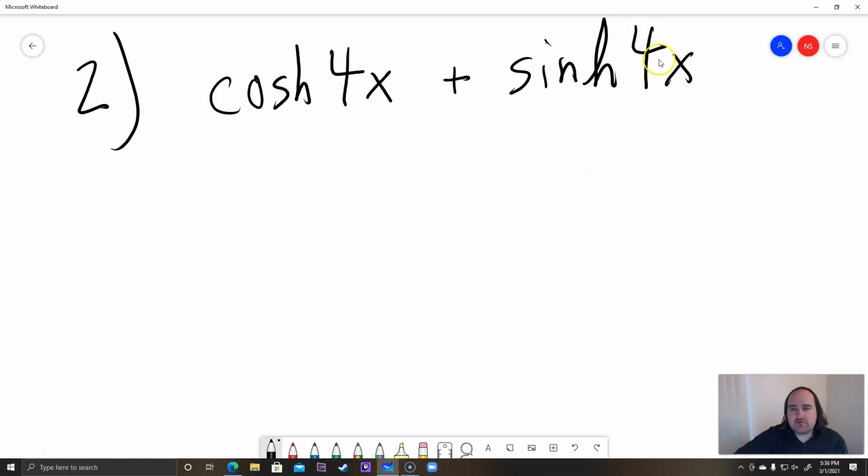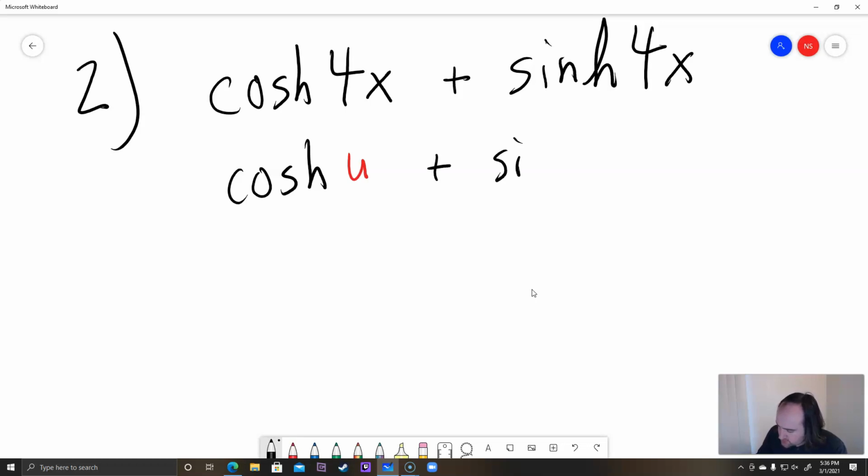Okay, so cosh of 4x plus sinh of 4x. So here, once again, you can think of this as cosh of u plus sinh of u, where u is just going to be this expression here, 4x.